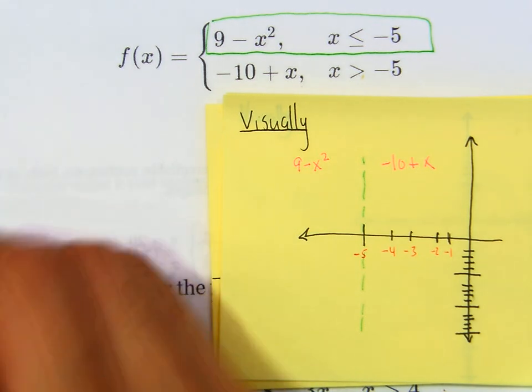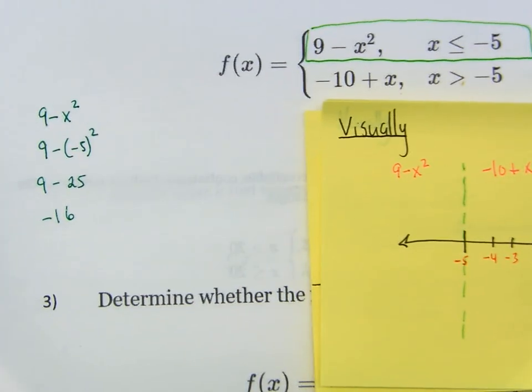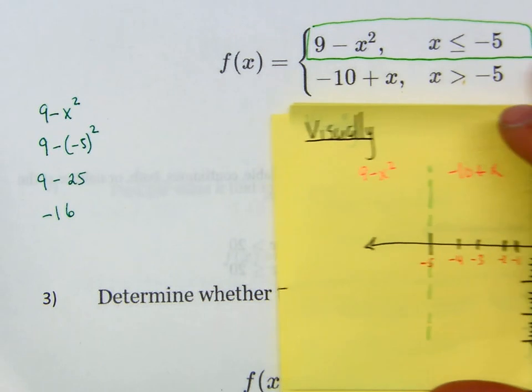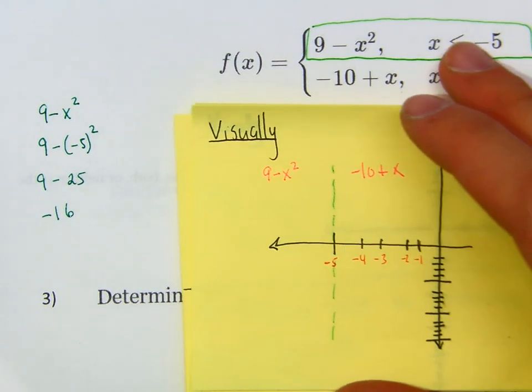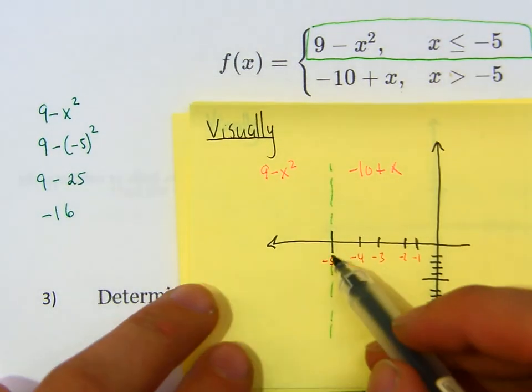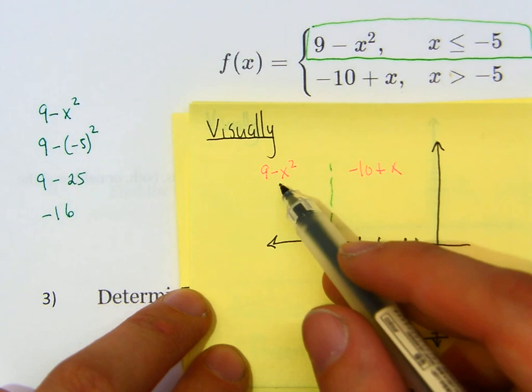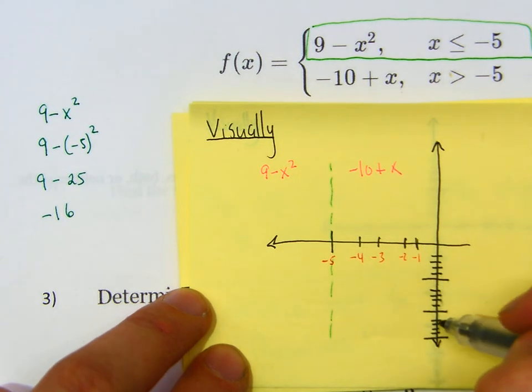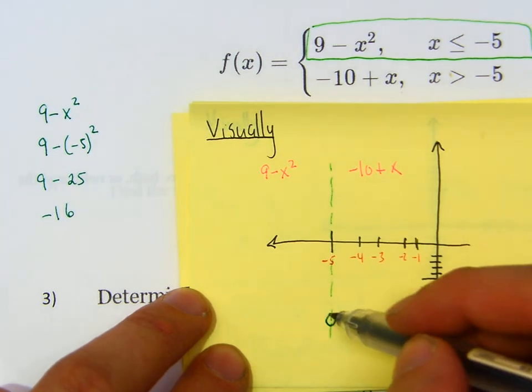This equals -6. Oh my God, I'm sorry, class. This equals -16. So when x is -5, this graph is at -16.